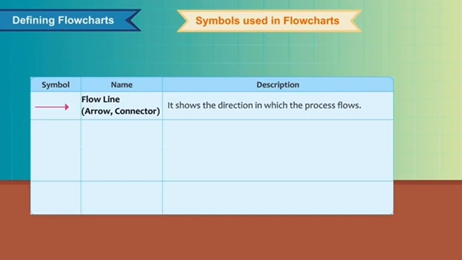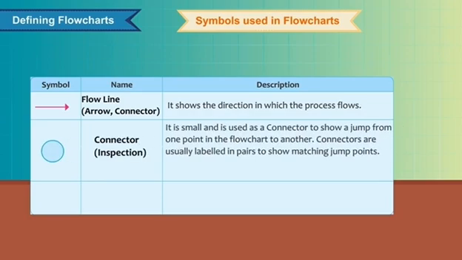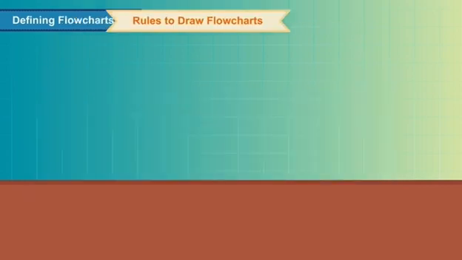It shows the direction in which the process flows. Connector, inspection. It is small and is used as a connector to show a jump from one point in the flowchart to another. Connectors are usually labeled in pairs to show matching jump points.